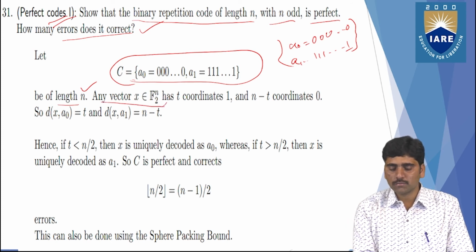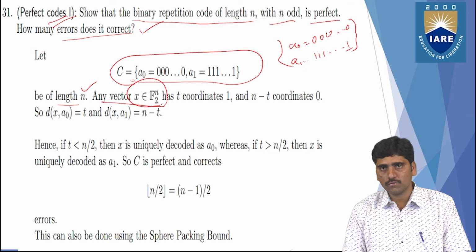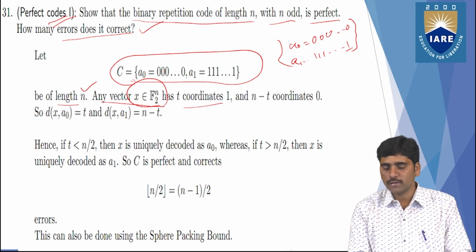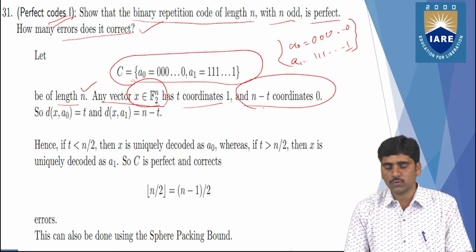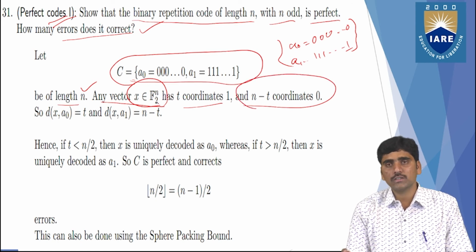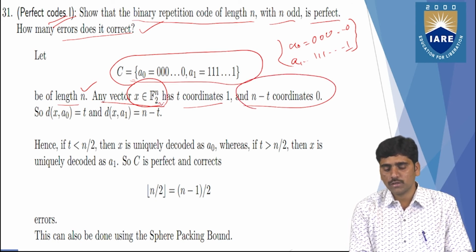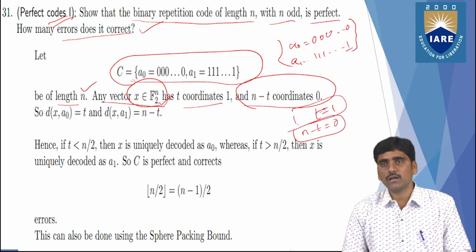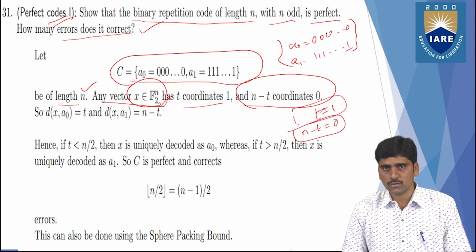Any vector x belonging to the finite field has t coordinates equal to 1 and n minus t coordinates equal to 0. So t equals 1, or else n minus t equals 0.